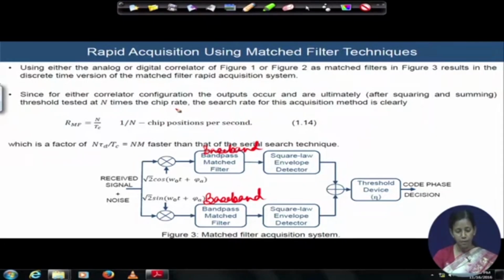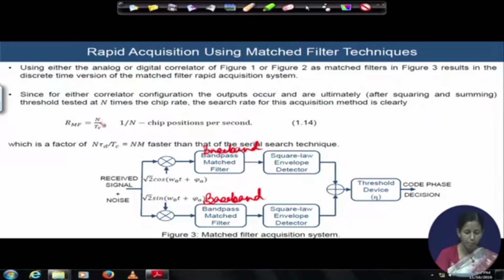That is the rate at which the acquisition decision is taken. Because you have done the sampling in that fashion, all the processing is going on at the 1 by capital N Tc rate, and the total acquisition rate with the matched filter is now given by N by capital Tc, or 1 by N chip position per second.